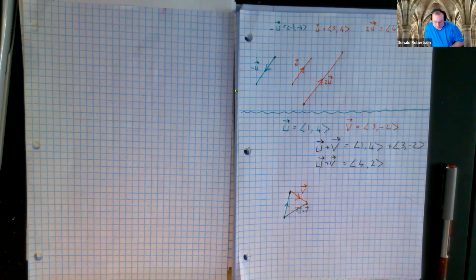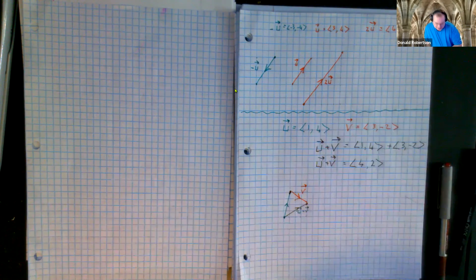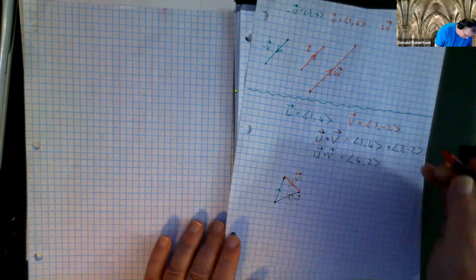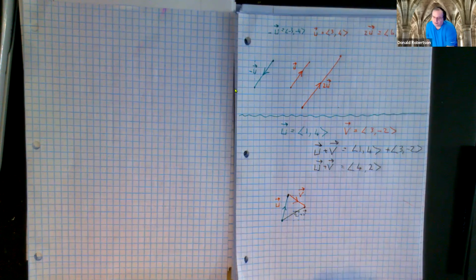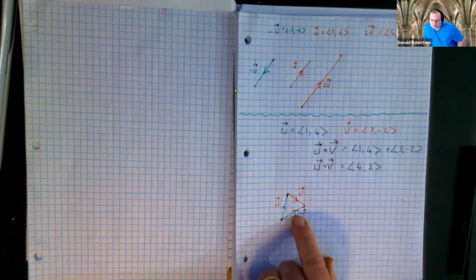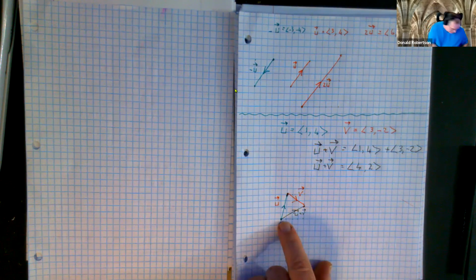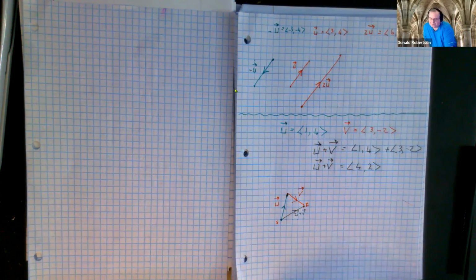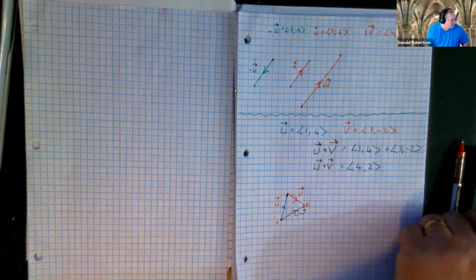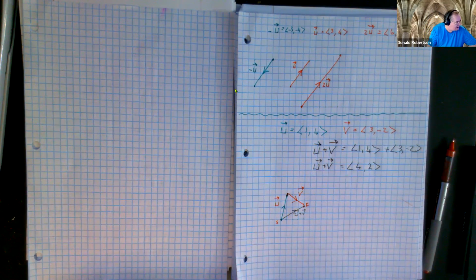So adding two vectors together is a bit like combining two sides of a triangle, isn't it? To make the third side of the triangle. And notice that the direction of u plus v is from the original start to the finish. Any problems with that, or are we cool?